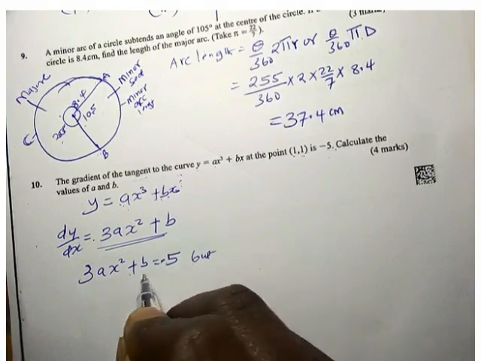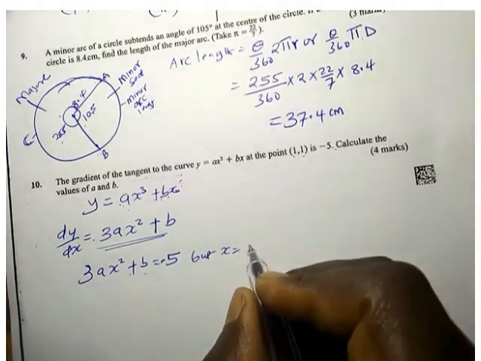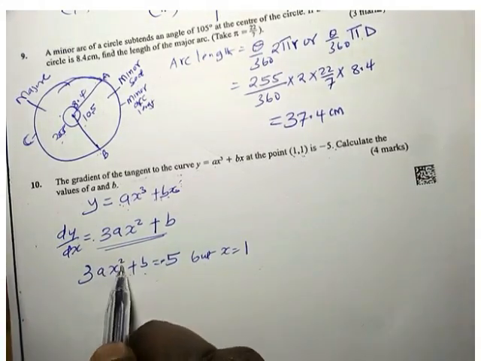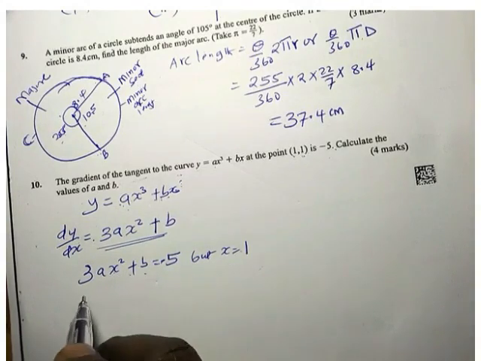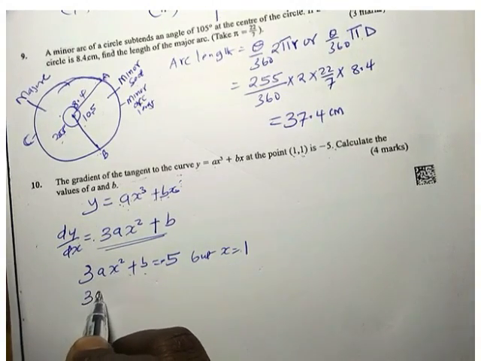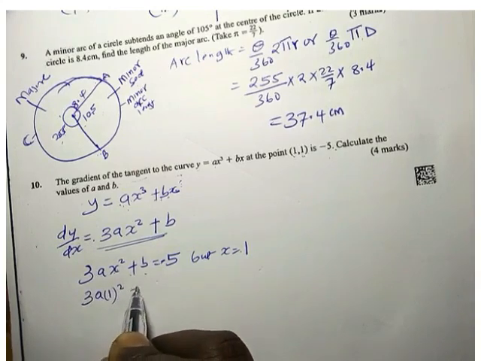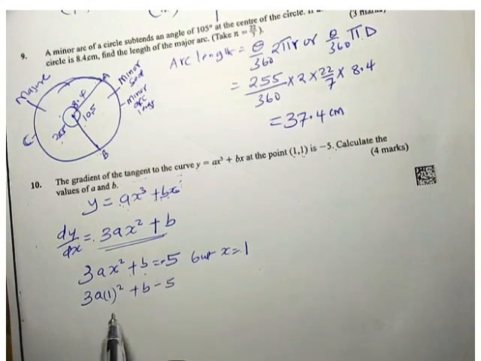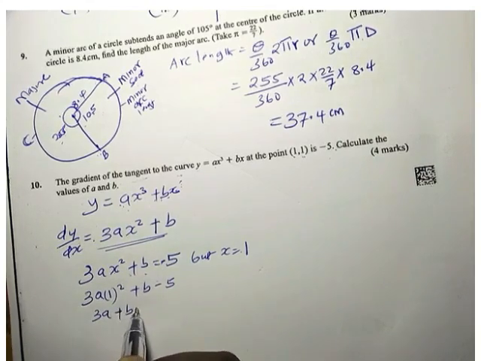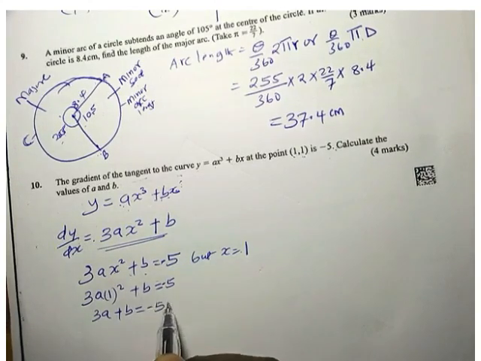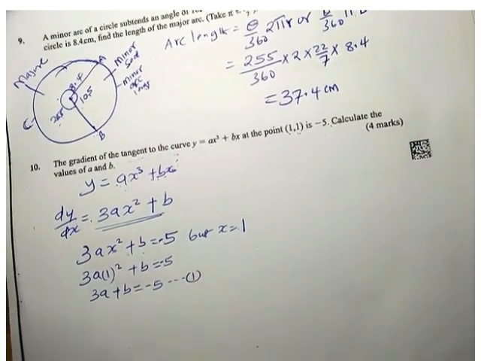But at this point, x is equal to 1, right? So where you see x here, you substitute with 1. So we will have 3a times 1 squared plus b equals negative 5. And this one is going to be 3a plus b equal to negative 5. This is equation 1. We have found equation 1.